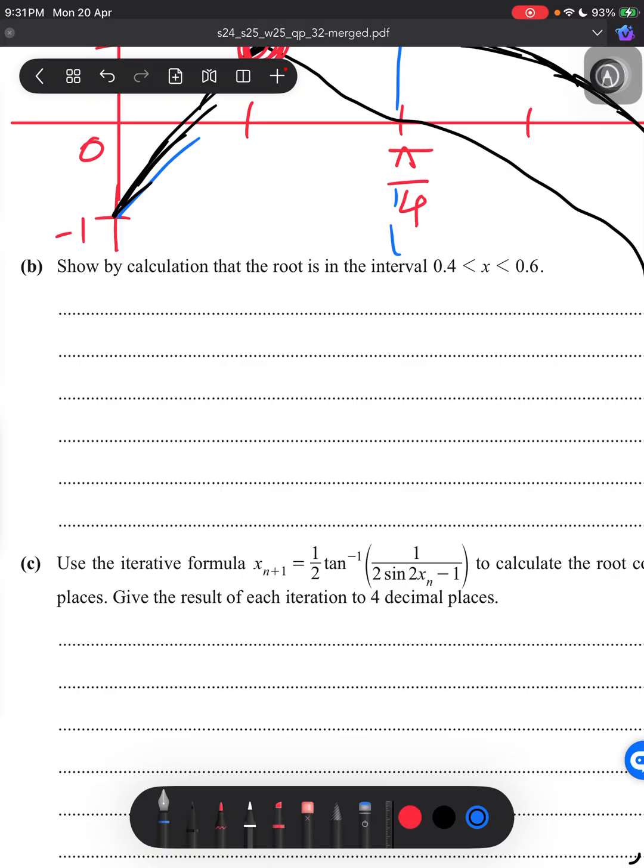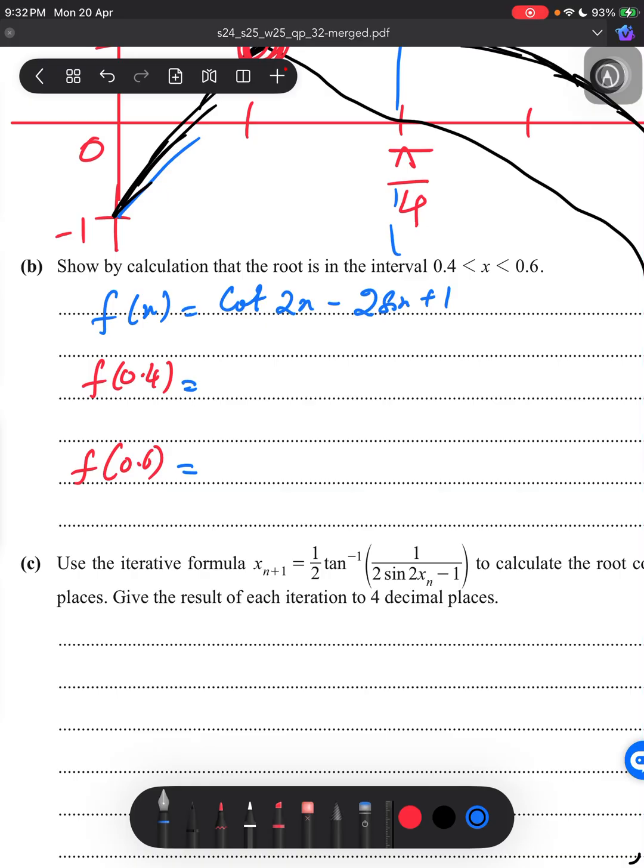For showing the function, we already have the function cot of 2x minus 2x plus 1, so the values will be just 0.2, 0.4, and the other value is 0.6. Just solve it and we would get the value. You can use the calculator for that.